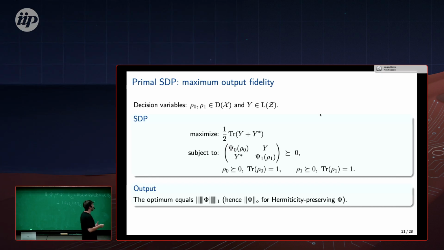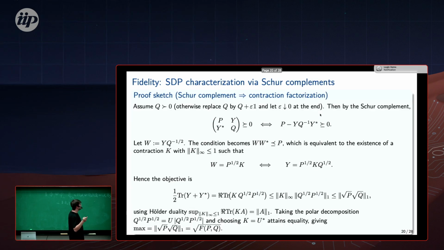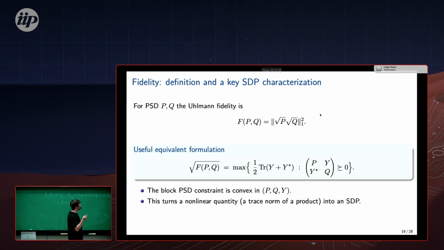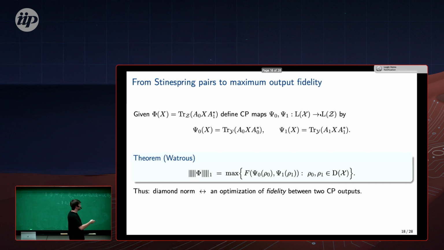Now, why is this a nice thing? Well, let's just piece together the things we learned in the last few slides. We know that, as Watrous showed, that you can compute the diamond norm by looking at these maximum fidelities.